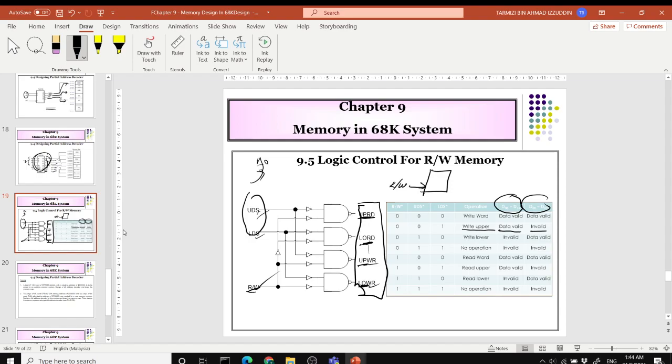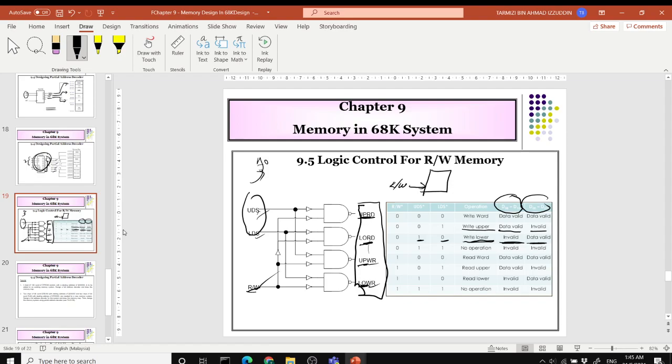If it's on the lower side of the memory, the even and odd, you can imagine this even and odd, the lower side of memory. So when UDS is 1 and LDS is 0, then you are telling the memory chip to write at the lower part of the memory. So the upper data bus will be invalid and the lower data bus will be valid.